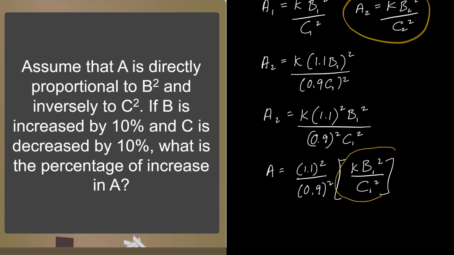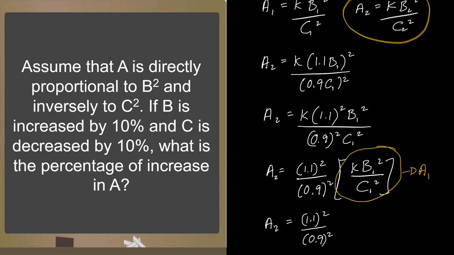However, this whole part of the equation is actually equal to A1, right? So we can simplify A2 as 1.1 squared divided by 0.9 squared times A1.